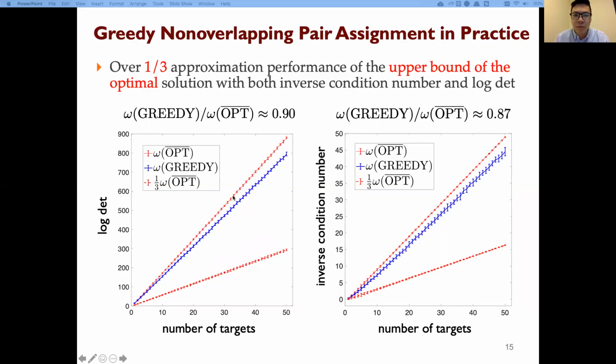And we compare the value of the observability measures, such as log determinant and inverse condition number, collected by our greedy pair assignment and the upper bound solution. We can see that our greedy pair assignment performs very close to this upper bound solution and works much better than the 1/3 approximation in practice.